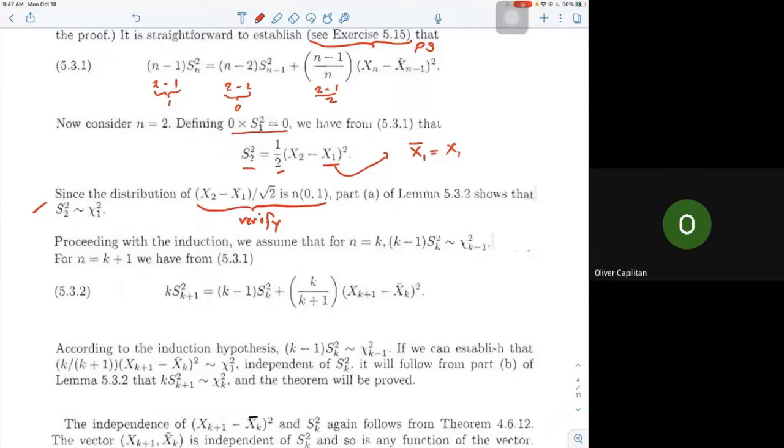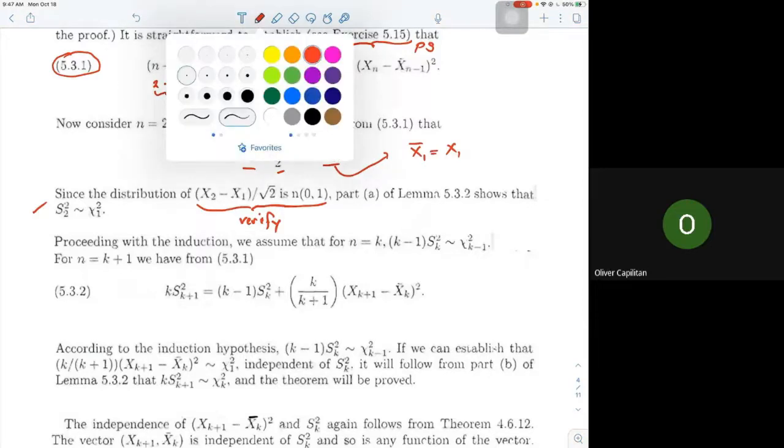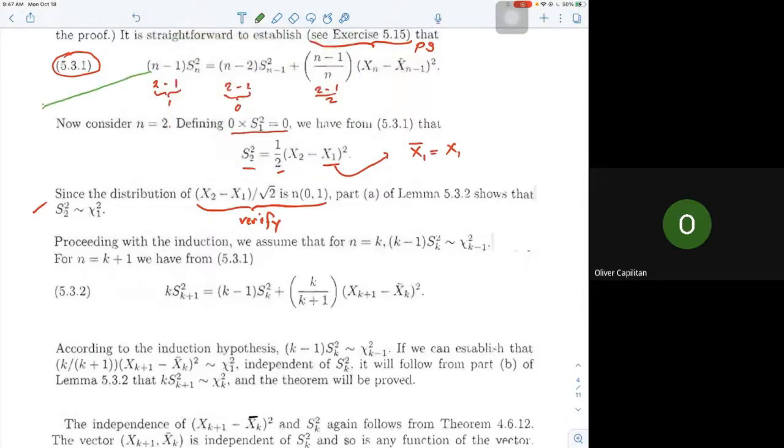So using equation 5.3.1, we have n is equal to k plus 1.